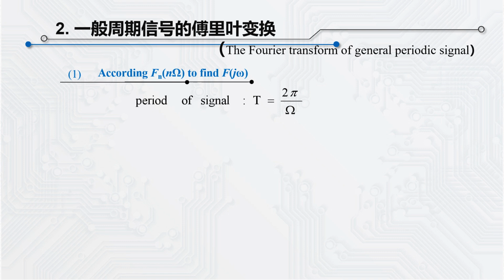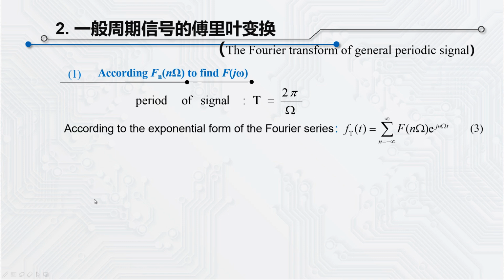Well, can we find Fourier transform of general periodic signal? Assume a signal is a periodic signal and its period is 2 pi over omega. According to the exponential form of the Fourier series, periodic signal f(t) can be denoted by formula 3, where F(n omega) is the coefficient of its Fourier series.